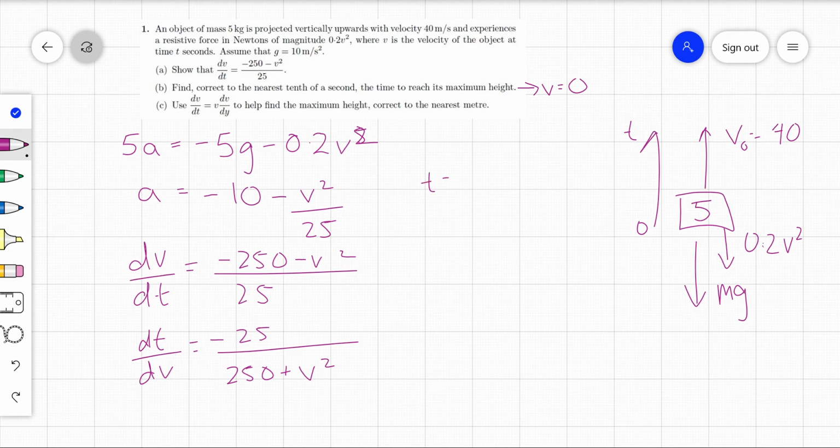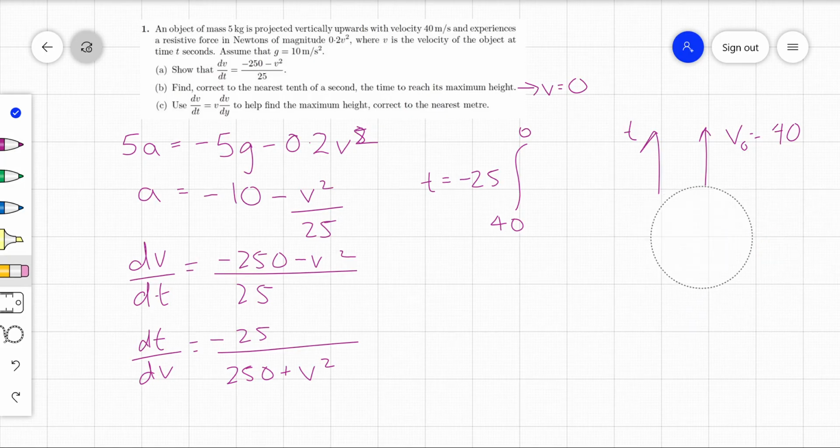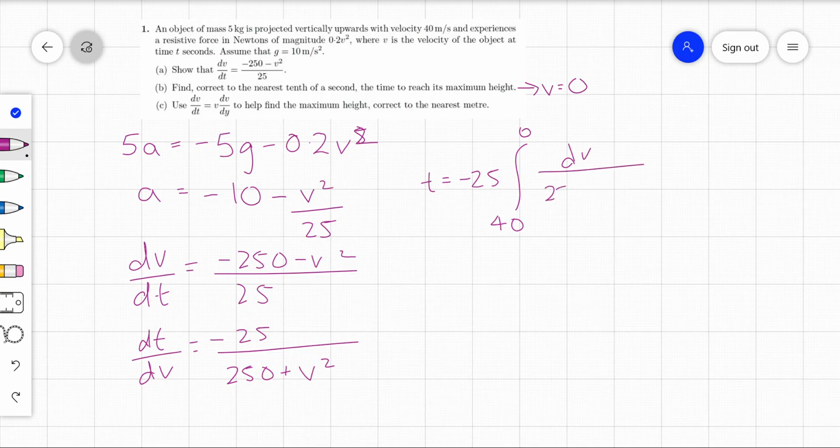So t will be equal to, on this side, I'm going from a velocity of 40 all the way up to when it reaches 0. So you can use a definite integral, or you can do your plus c. Either way is fine. So minus, and then I'm going to have dv on 250 plus v squared there.